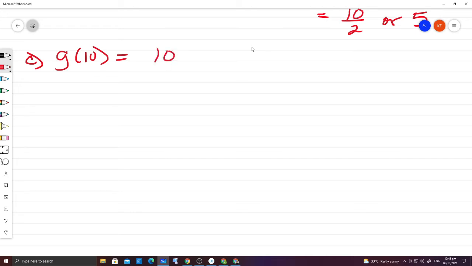10 to the power of 2, and then plus 1, over 2. What is 10 to the power of 2? 100.